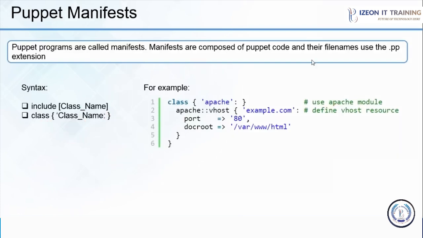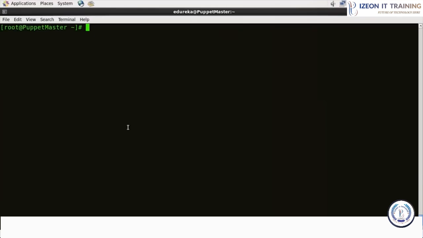All right, so now I'll execute a manifest practically that will install Apache on my nodes. Now I need to deploy Apache using Puppet. So I need to write the code to deploy Apache in the manifest directory. I've already created a file with .pp extension, if you can remember when I was talking about resources. So now again I'll use the same file, that is site.pp, and I'll write the code to deploy Apache.